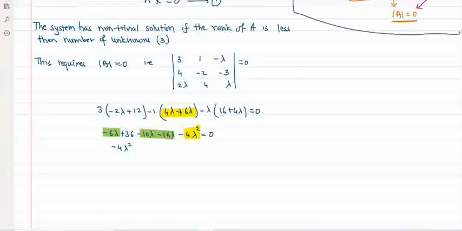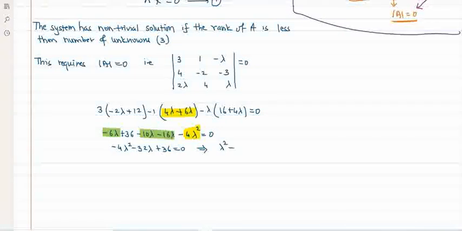Yes, minus 32 lambda plus 36 equal to 0. So multiplying that whole equation by minus 1 by 4, that becomes lambda square plus 8 lambda minus 9 equal to 0. So here you have to split minus 9 such that their product is minus 9 and sum is plus 8. So what are the factors then?